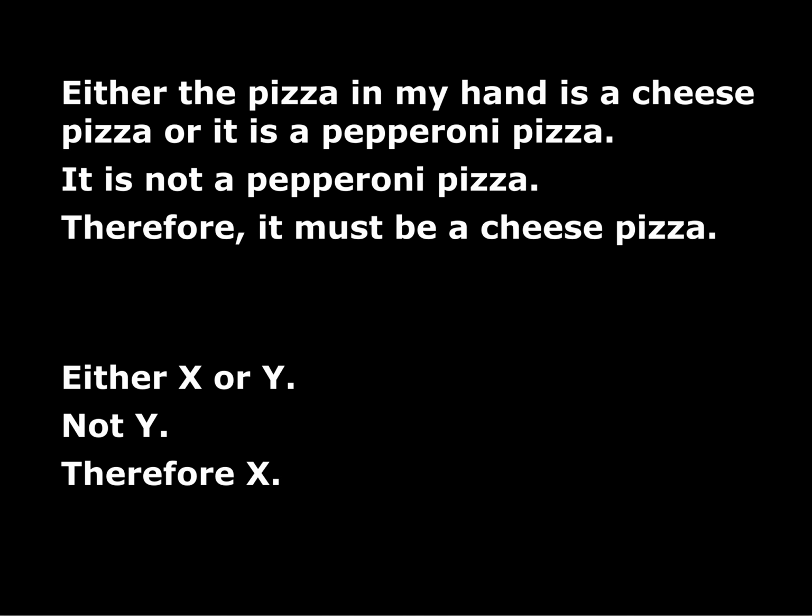Okay? And so now hopefully it's a little more clear what it means by form. It's a kind of a shape, and once we see that shape, we see that you could fill that shape with different things. In this case, this shape is filled with content about pizzas, right? The X and the Y have to do with whether a pizza is cheese or pepperoni. Okay, but we could fill this same shape here with different stuff.